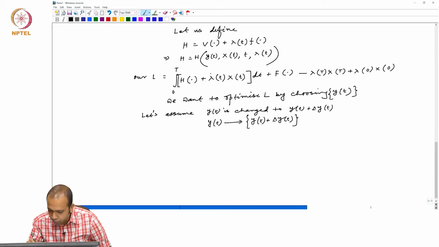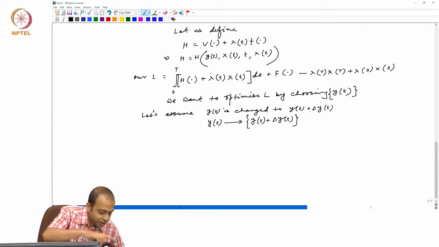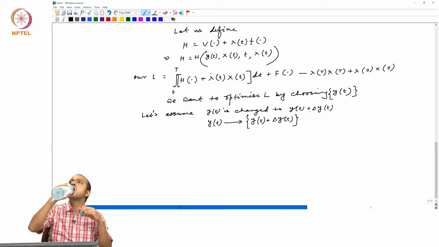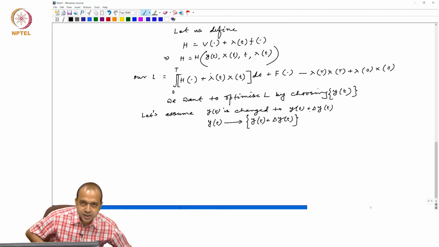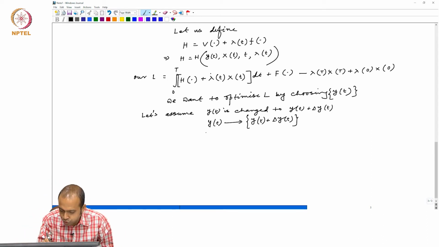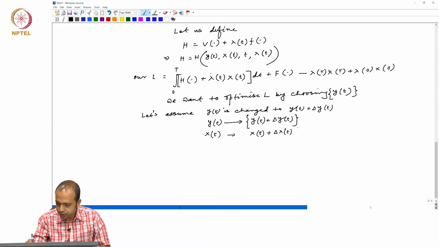And the moment y t changes by delta y t, that means your rate of extraction is changed by delta y t amount. So, obviously, that would have an impact on your state variable as well. So, your x t will then change into x t plus delta x t, which is very simple, okay, x t plus delta x t.